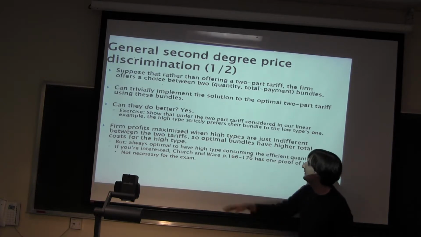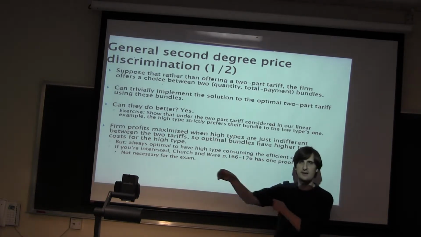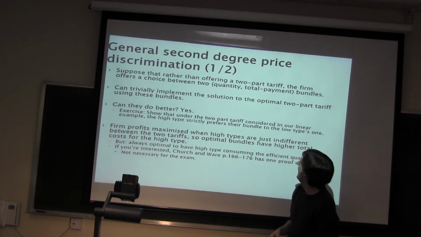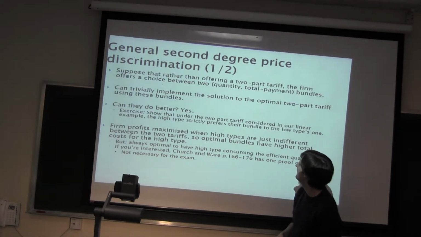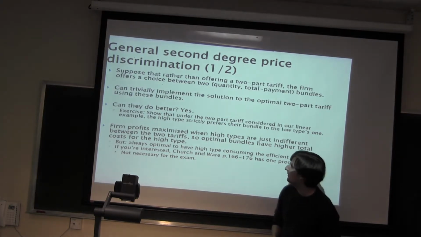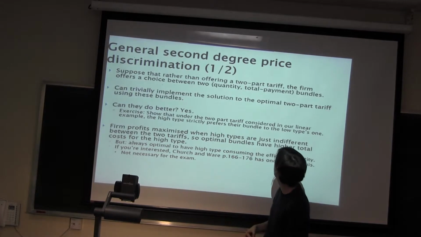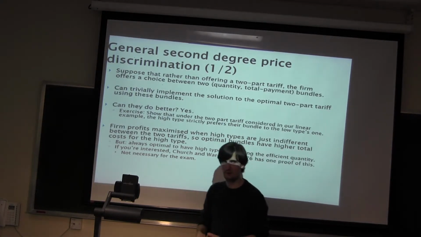Okay, then we had this exercise as well. This is fairly easy. We just had to show that the high type strictly prefers their bundle to the low type's bundle.